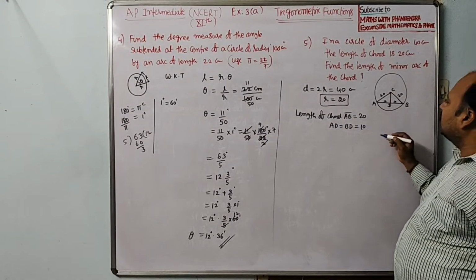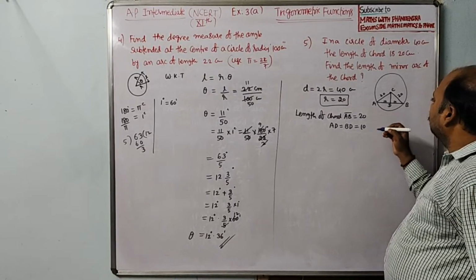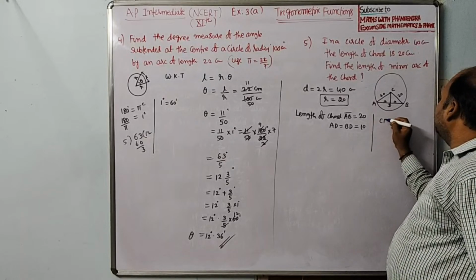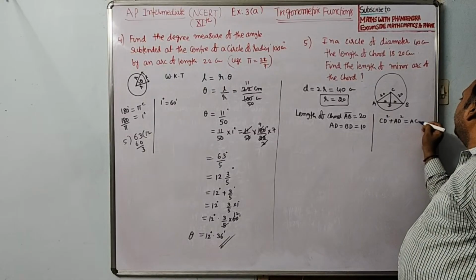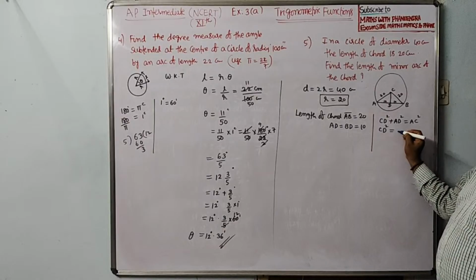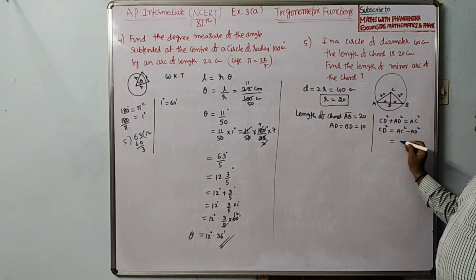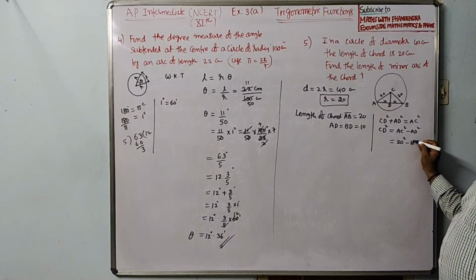So by using the right angled triangle, here CD square plus AD square is equal to AC square. CD square I want. CD square equal to AC square minus AD square. So AC square means 20 square minus AD square means 10 square.